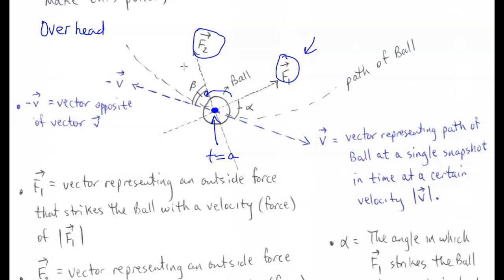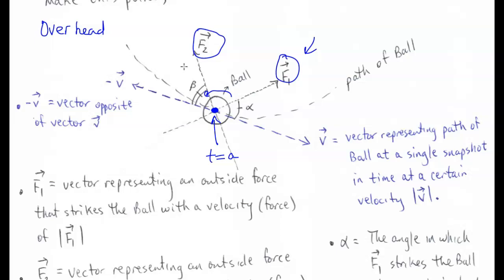Depending upon whether the magnitude of force F1 was larger or smaller than the magnitude of vector V, the new vector V that comes out may have a magnitude bigger or smaller than before. The next thing is the rotational aspect: this ball will end up rotating depending upon how we hit it.